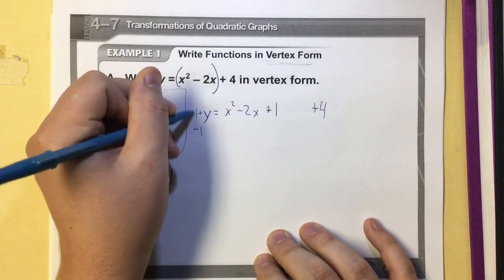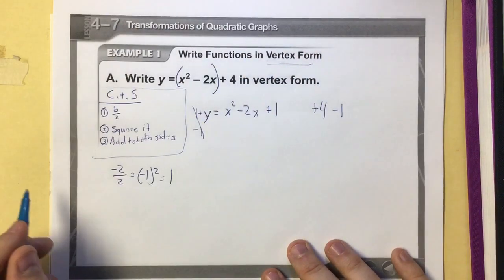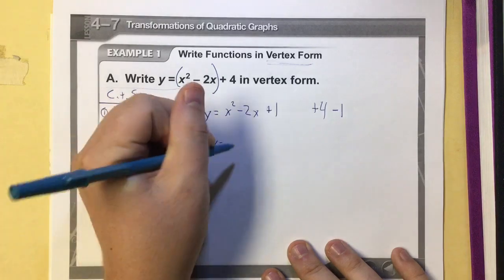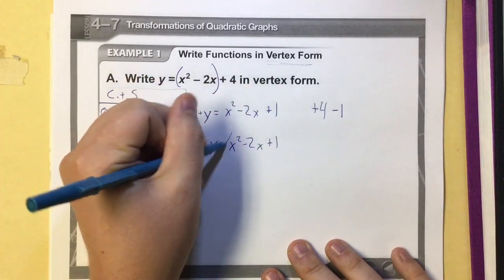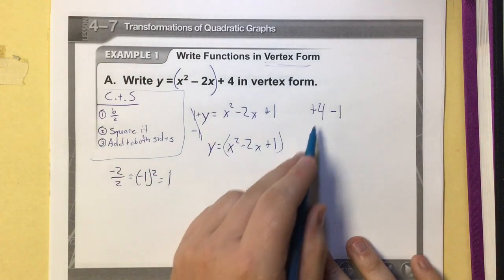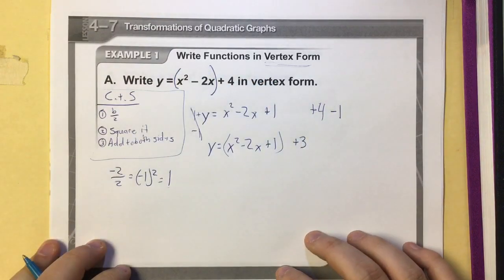Well, I can subtract 1 from this side and subtract 1 from this side. And now I'm back to just y equals, which is what I want, x squared minus 2x plus 1. I'm going to leave that part, because that's my perfect square from completing the square, and make that plus 3.